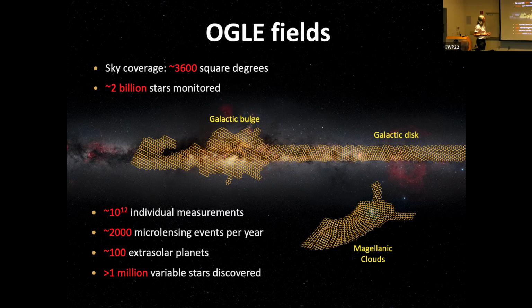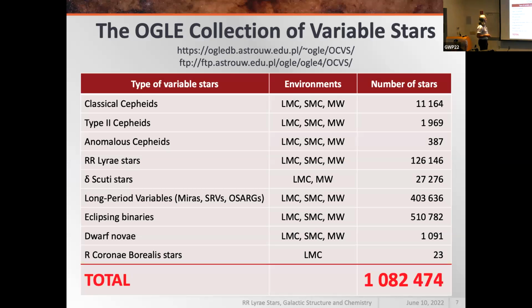And this huge database was the basis of many discoveries, among others, one of the largest, if not the largest, catalogs of variable stars, at least until Gaia publishes its catalog. We call this catalog the OGLE Collection of Variable Stars.